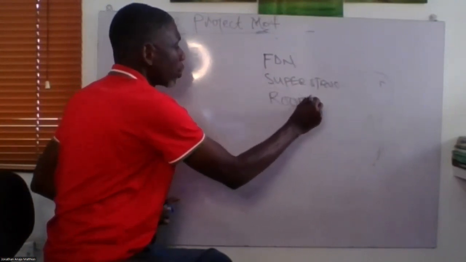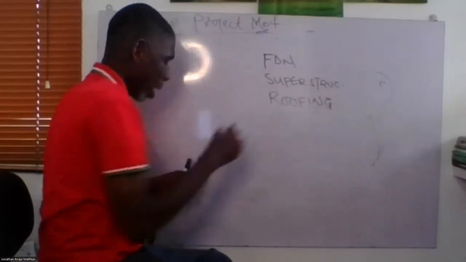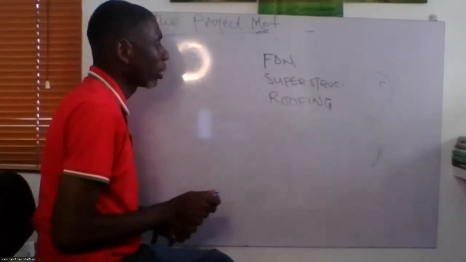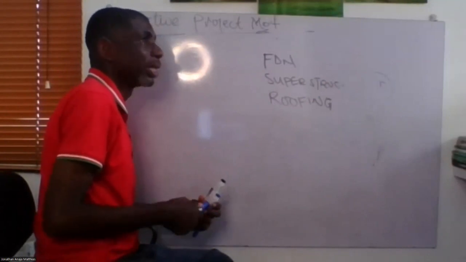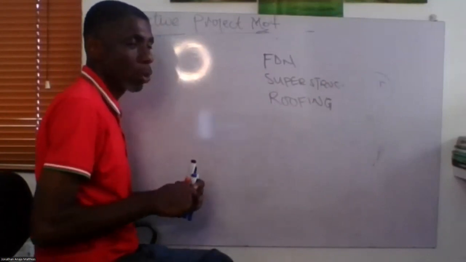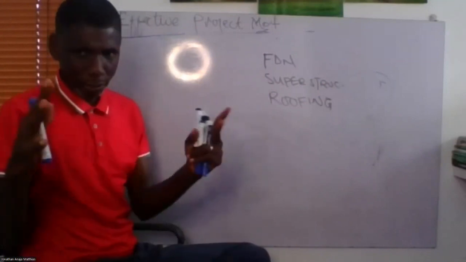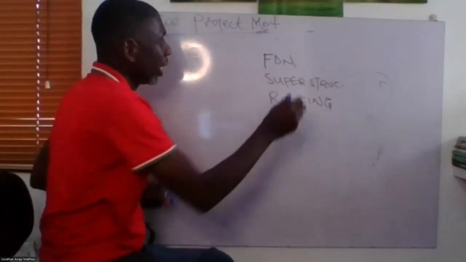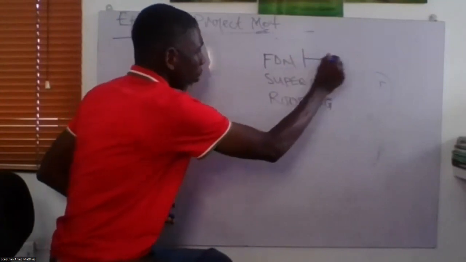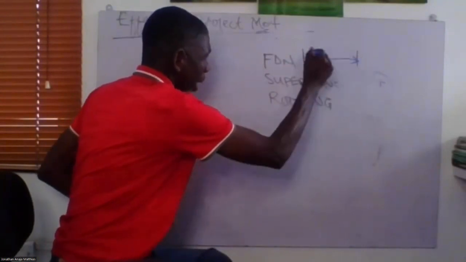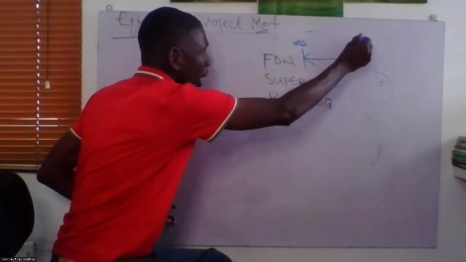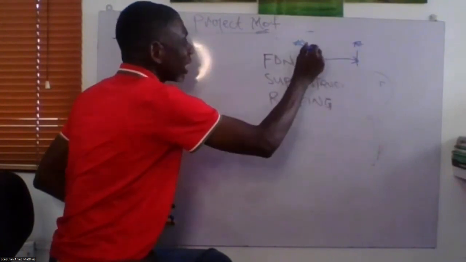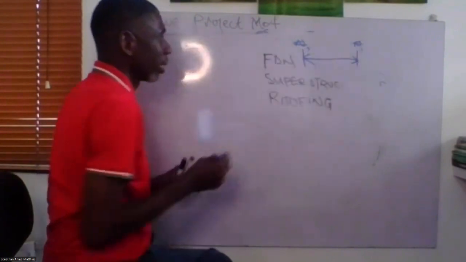Let's say this phase of his work is foundation and roofing. I told us yesterday that if Mr. Wesley wants to properly manage his baseline, he needs to give his foundation a boundary. That means, how much am I starting with? How much do I not exceed? What is the start date and what is the end date?